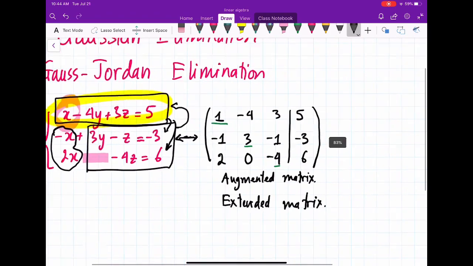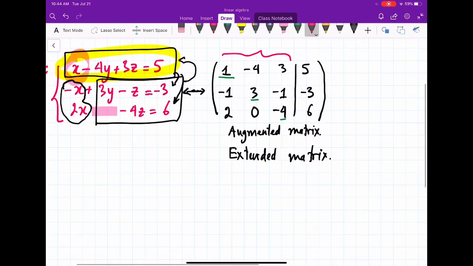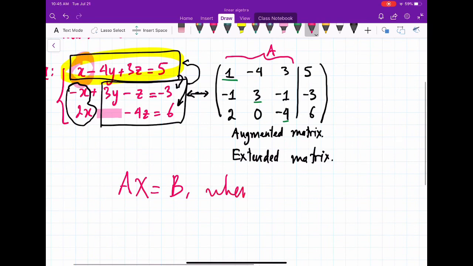If you pay attention to this form, the first part of this matrix is this guy. Is that correct? Let's denote this by A. Okay, so I can write that it is AX equal to B, where B is 5, negative 3, and 6.